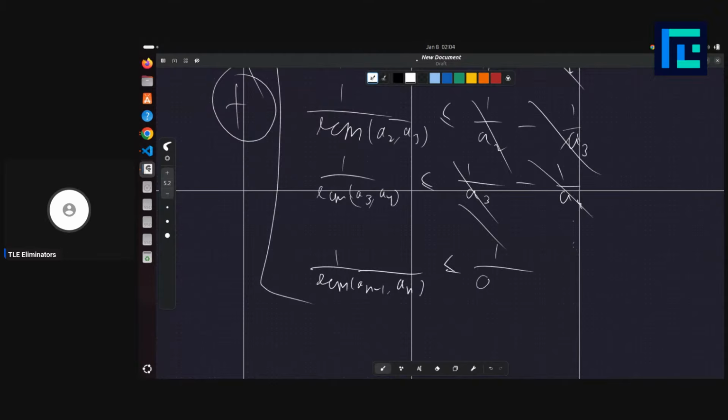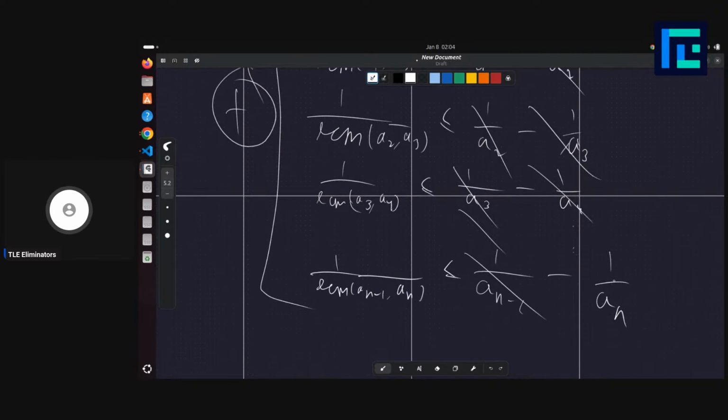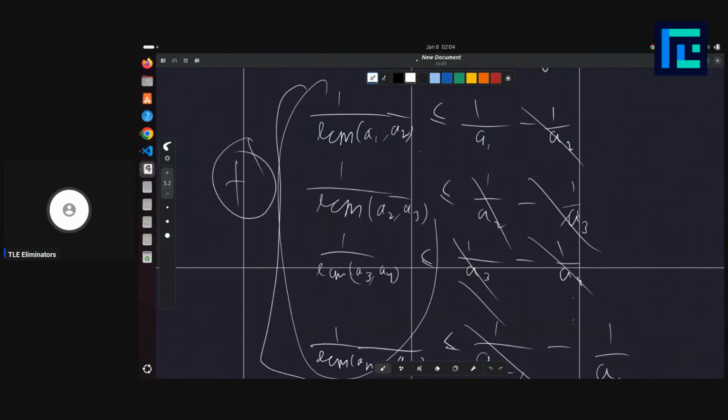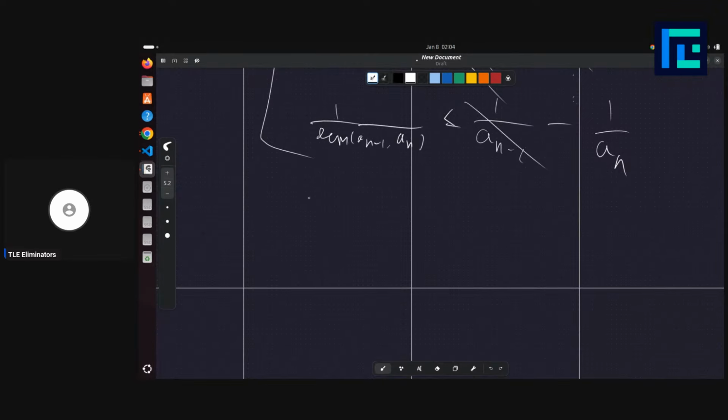So only 1 upon a1 minus 1 upon an is remaining, and on the LHS we have the sum till n minus 1 only, not n. The last term I did not write for some reason.